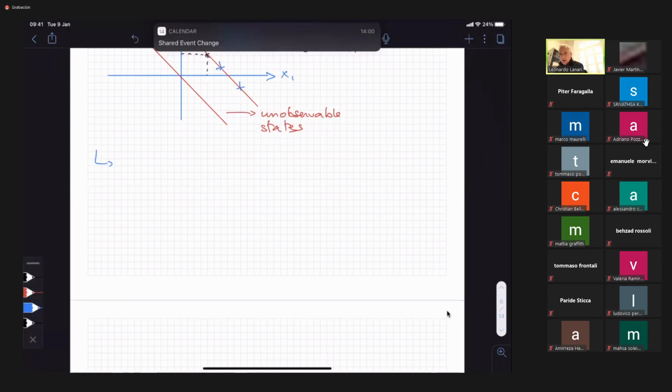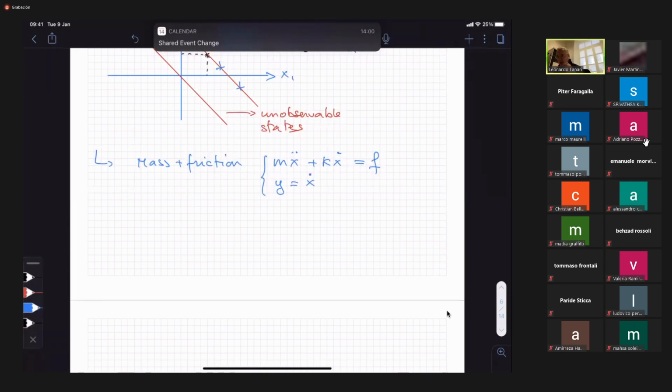Let's see if knowing what we have seen up to now makes everything more clear. So let's take the mass and friction system: m x double dot plus k x dot equals F. And we said, if we take as output the velocity, we clearly have an unobservable subsystem.